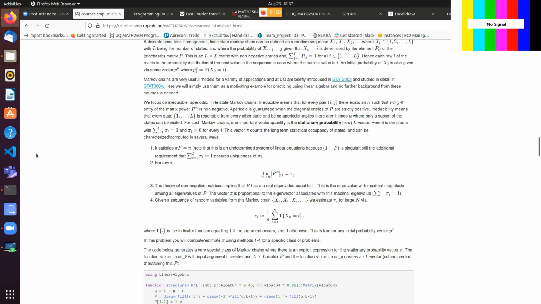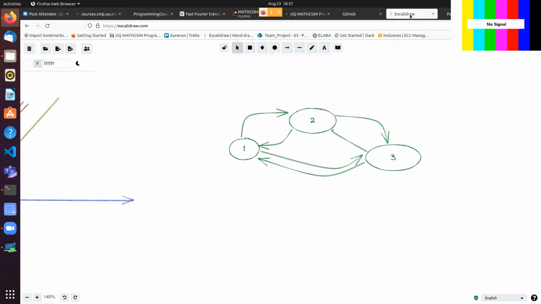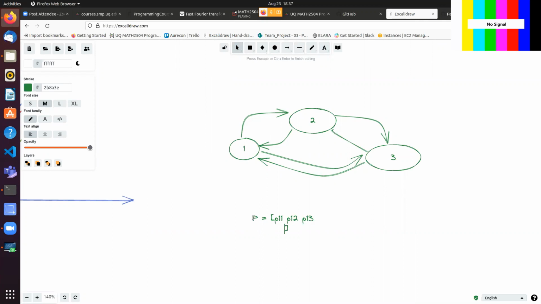You can write this as a matrix equation, and I'll probably get it wrong, but you write out a matrix P with entries P1,1 if you're allowed to hop back to your own state, P1,2, P1,3, depending on how we index these, then P2,1, P2,2, P2,3, and P3,1, P3,2, P3,3.